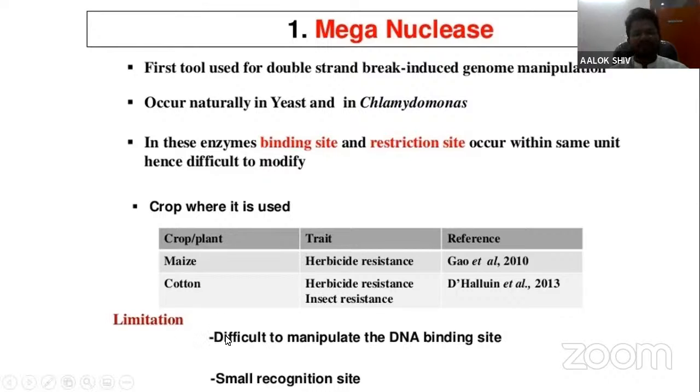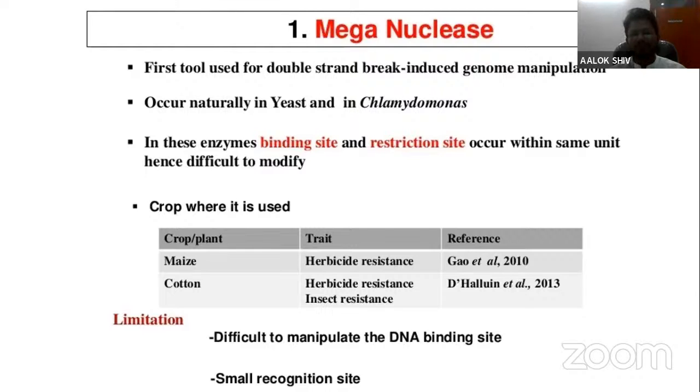So what are the different limitations with this? It is difficult to manipulate the DNA binding site. What is our purpose? Our purpose is just to identify and cleave. But when the binding site as well as the restriction site are present in the same unit, it is difficult to identify the targets and modify. That's the limitation.